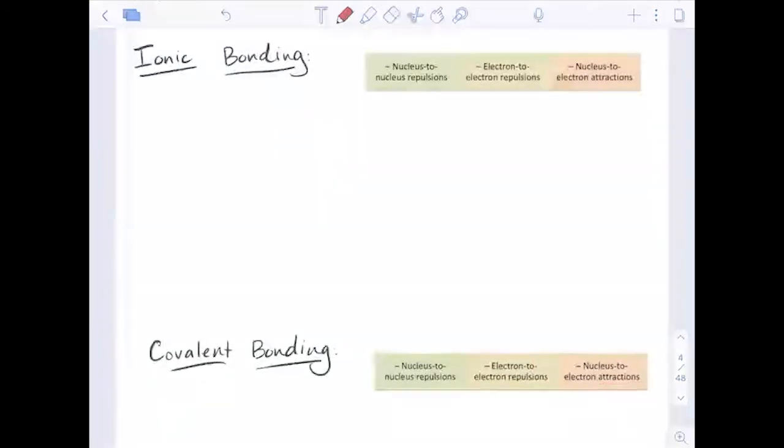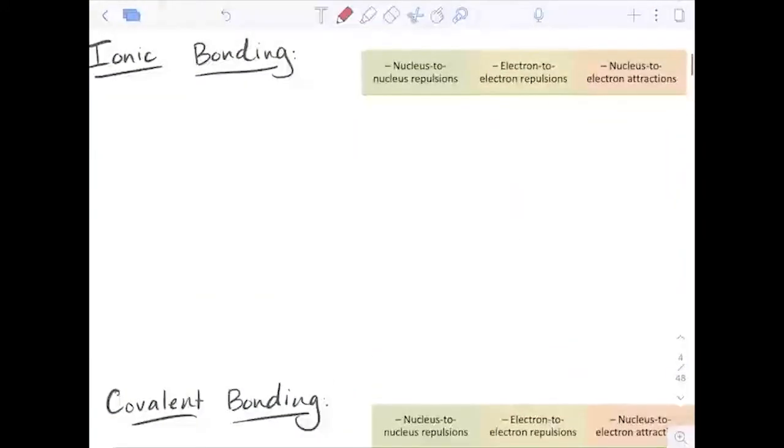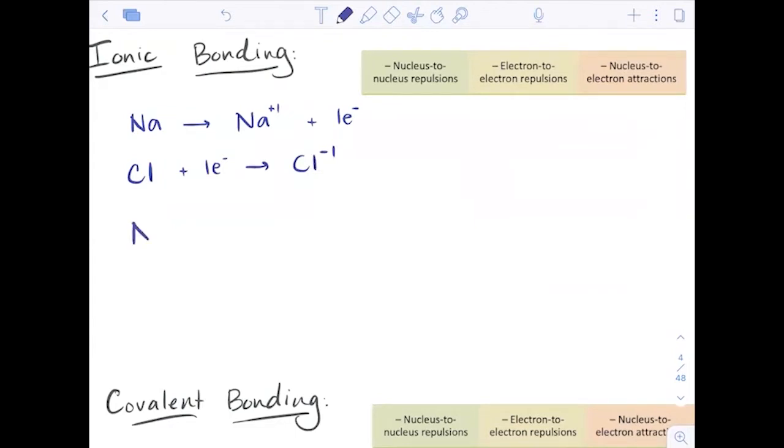Just to be able to describe a couple of those and to draw them out, let's first talk about ionic bonding. The simple one that we saw before, sodium becomes sodium plus 1 by losing an electron. Chlorine gains that 1 electron and becomes Cl minus 1. Now, when we put those two together, that's what we called lattice energy.